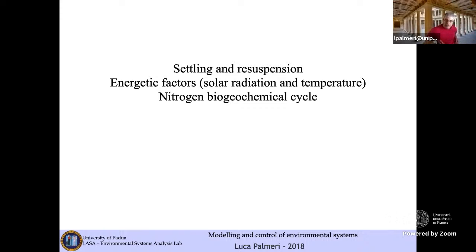In particular, we shall describe now settling, resuspension, and other energetic factors like solar radiation, temperature, and photosynthesis. By introducing these models of these processes, we are ready to build a more consistent nitrogen biochemical cycle description.